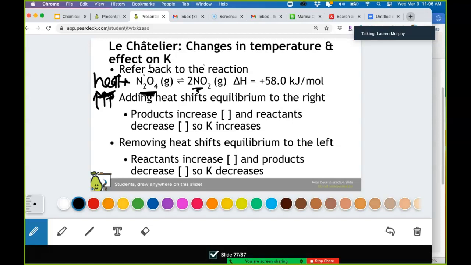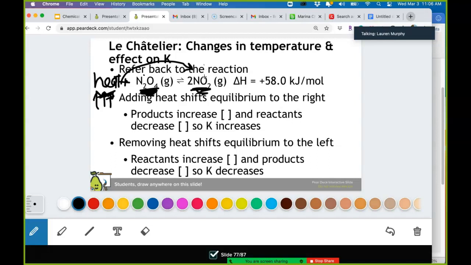That doesn't happen when you mess with heat because you're not messing with this or this. It will shift it, yes, but I don't have additional of this being added or additional of this being added to let the ratio change respective to one another because all I'm messing with is heat. I'm not messing with any of the species in the reaction.